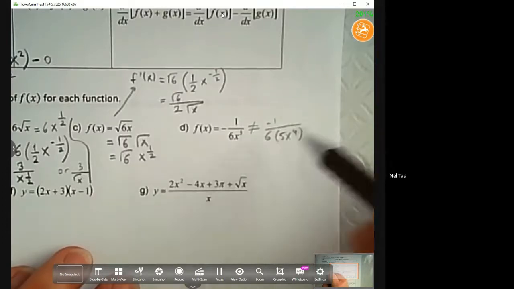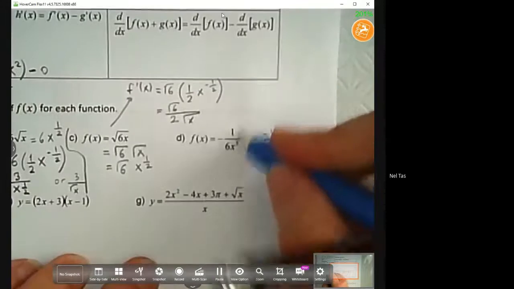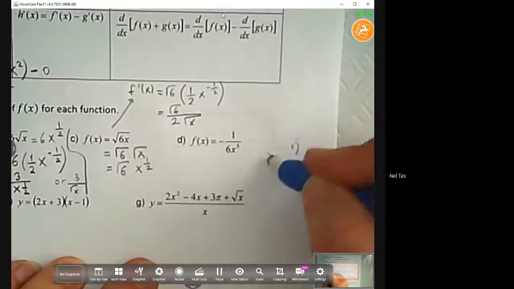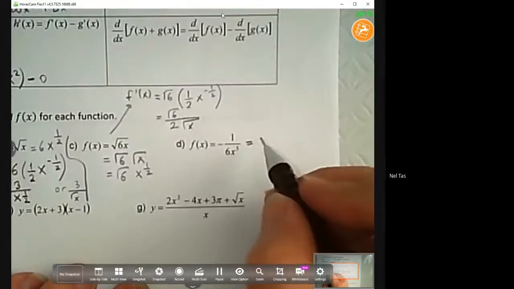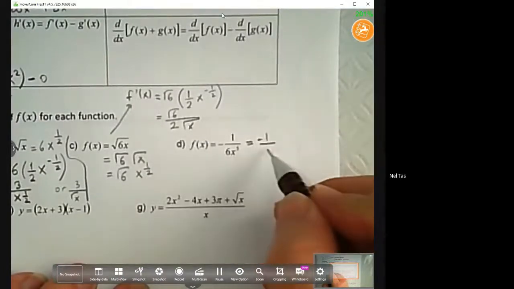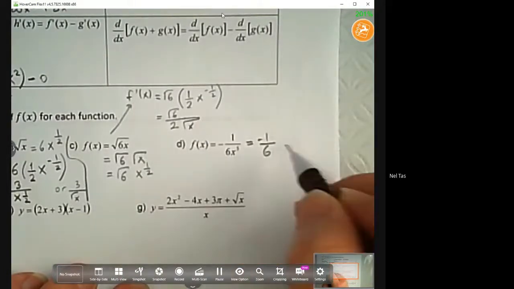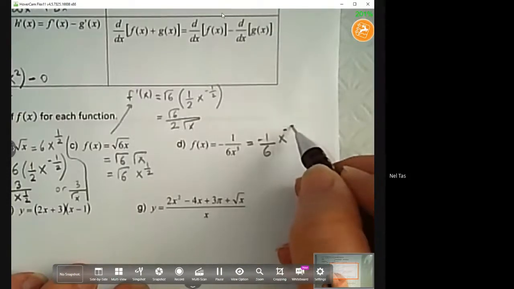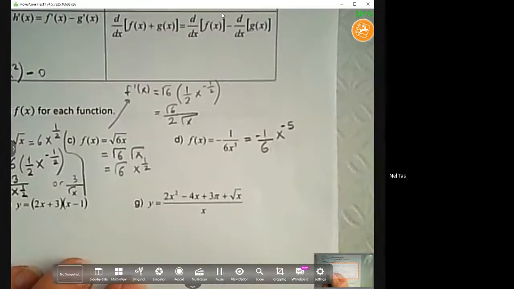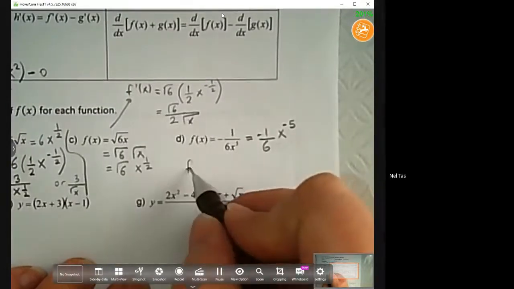So we first move x to the power of 5 to the numerator, but keep the number there, right? 6 is in the denominator, keep it there, and write it with the negative exponent. Now take the derivative.